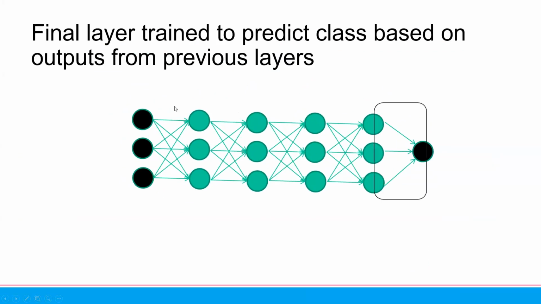And the final layer is trained to predict the class based on the outputs from the previous layer. So if we already have this output, we can use it as the prediction.